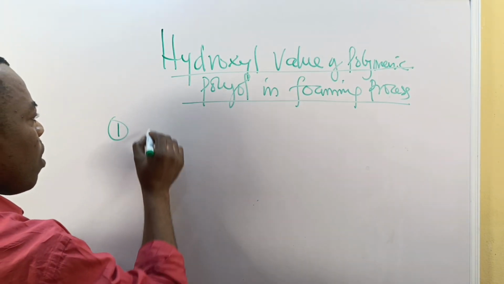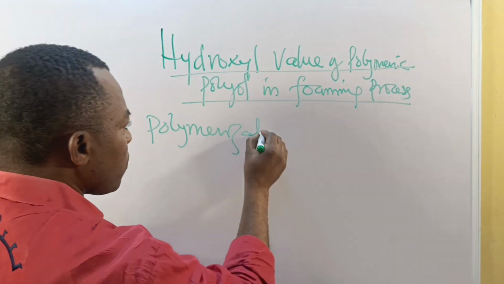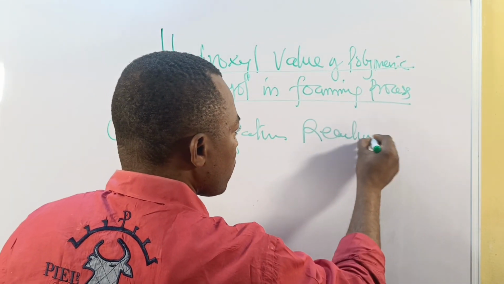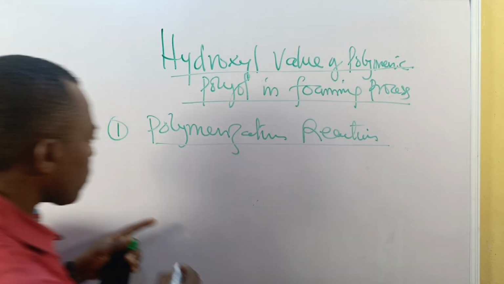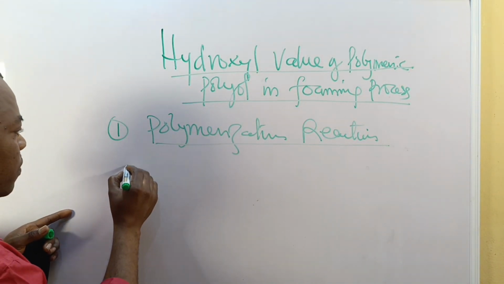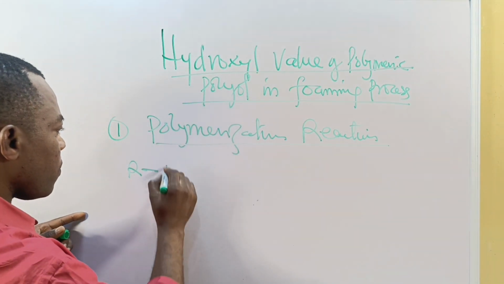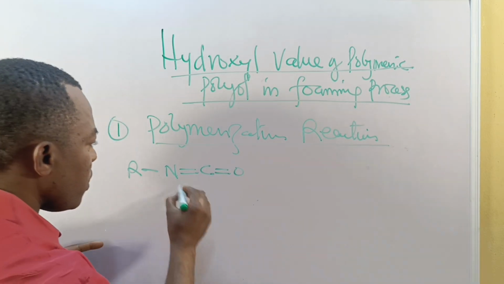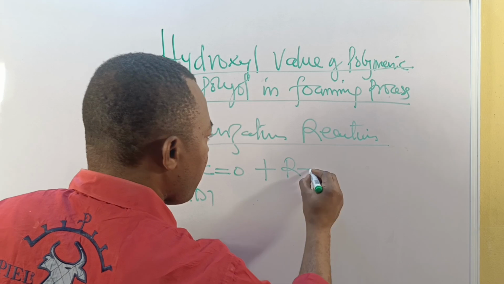One, polymerization reaction. In this reaction, we have TDI reacting with the polyol.